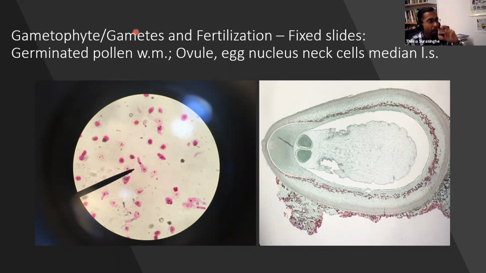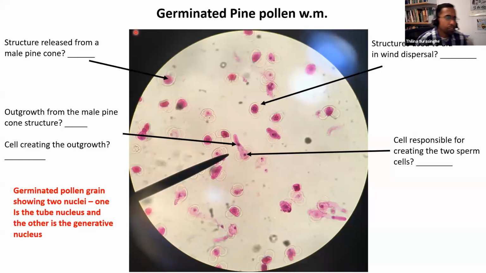Let's take a look at the male gametes, the pollen, and try to understand them. This is a microscopic slide of a lot of pollen grains, each in different developmental stages. Some of them are very young, like this one.